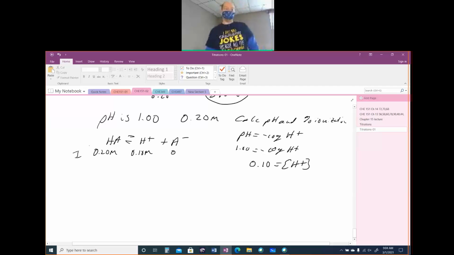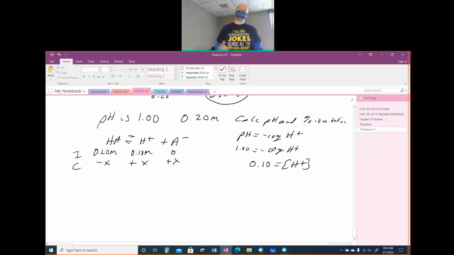All right, so here, again, we have something that is 0 on the right where there's no new initial. The only time you do a new initial is when you have non-zero concentrations on the right. Something on the right has to be 0. Something is 0, and so it cannot be 0, and so we're going to do the change. Minus x, plus x, plus x.